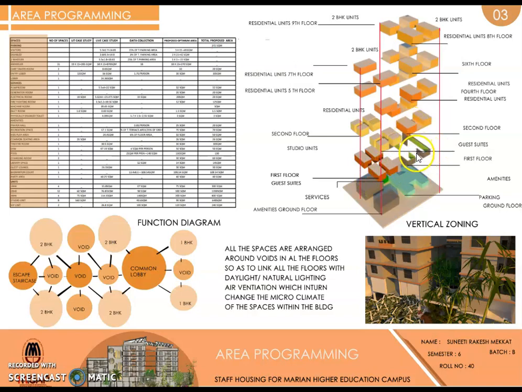Above the amenities in the first floor are the residential suites, which consist of 2 BHK and 3 BHK, and towards the left are the guest suites and the 1 BHK from the 4th to the 8th floor onwards.